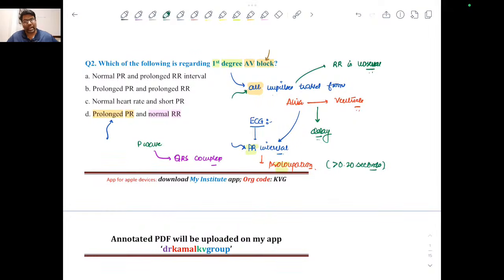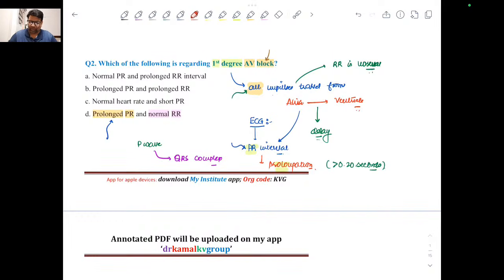So after every atrial depolarization there is a ventricular depolarization, right? So there is no skip. All impulses will travel from atria to ventricle, number one, but the time taken for traveling from atria to ventricle will increase. So that's the classical picture for first degree AV block.